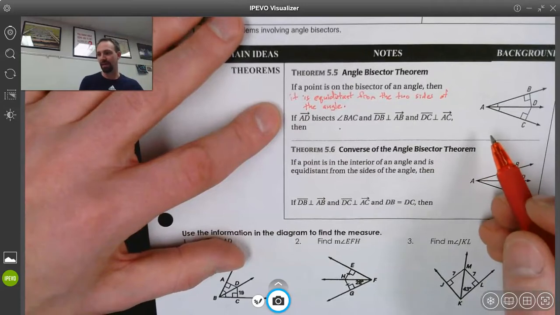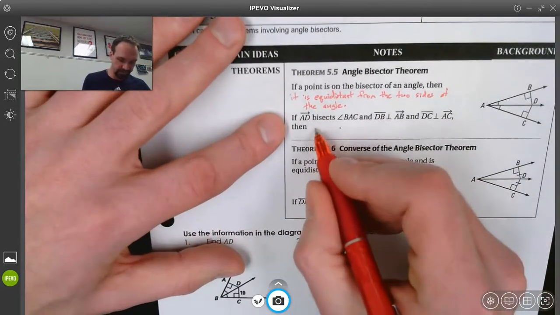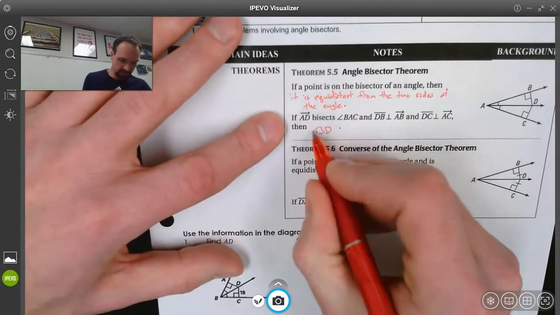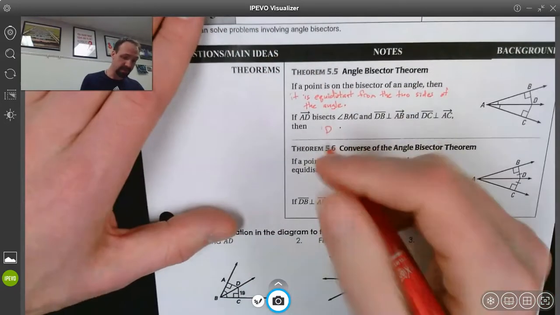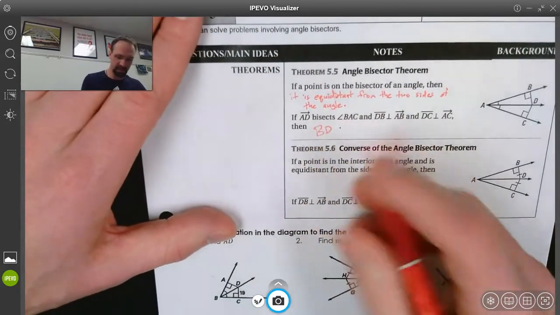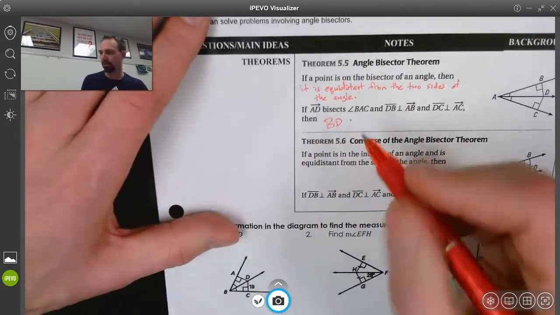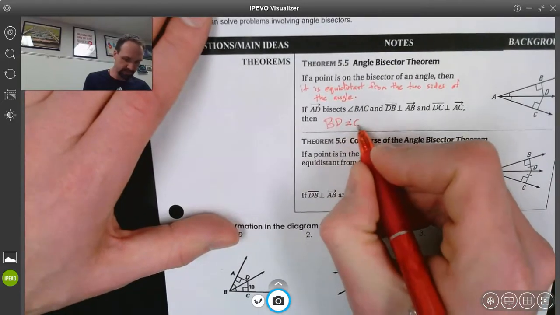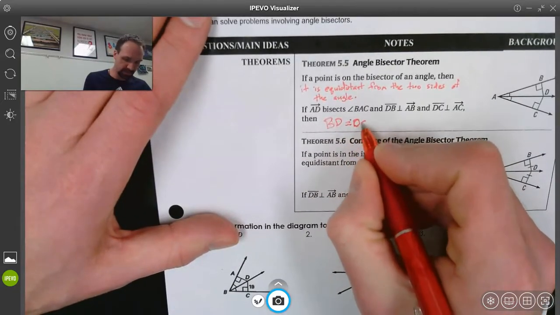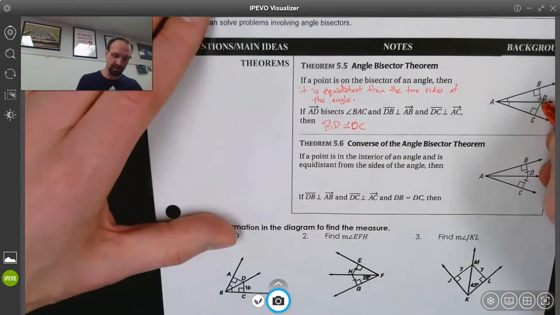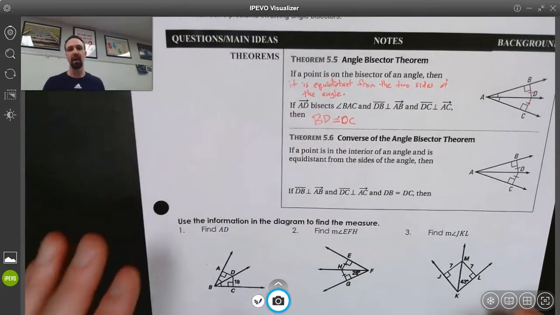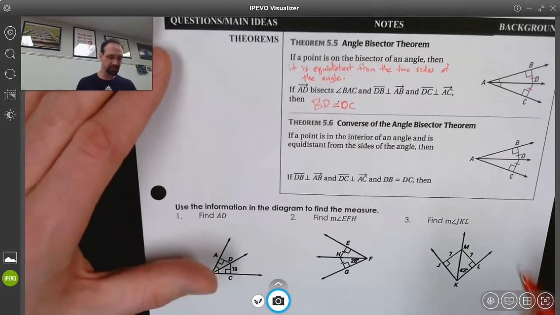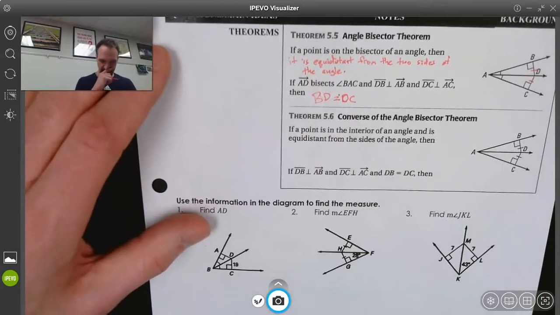So then I know that BD is equal to DC, so that these two segments are congruent and the measures are equal.